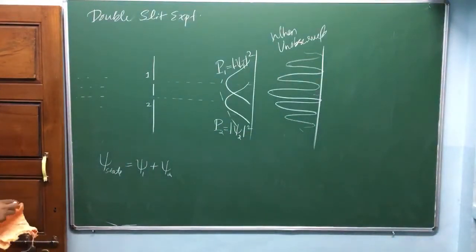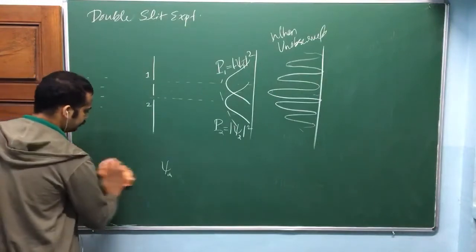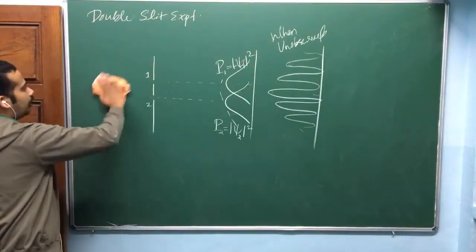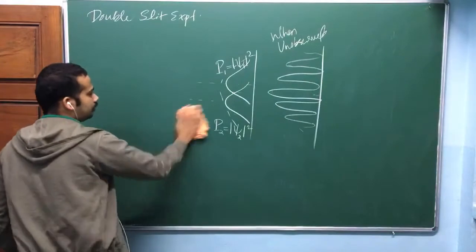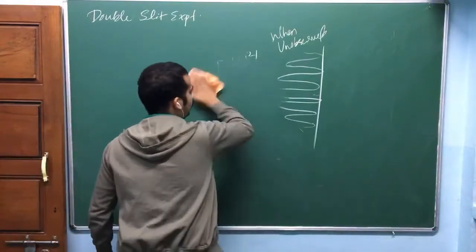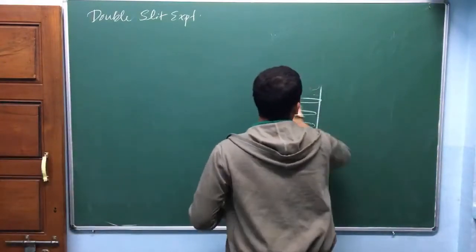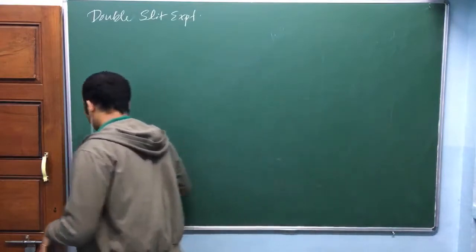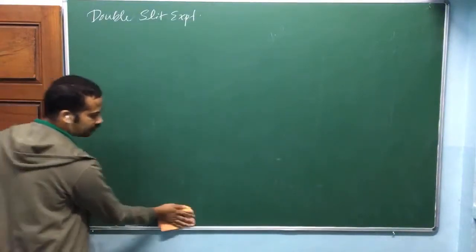Sir, yes. Muhammad asked, the arrangement is to produce two coherent sources. They are different only in their phases, are they not? No, wait a second. We shall talk about the coherency of light sources later, okay?